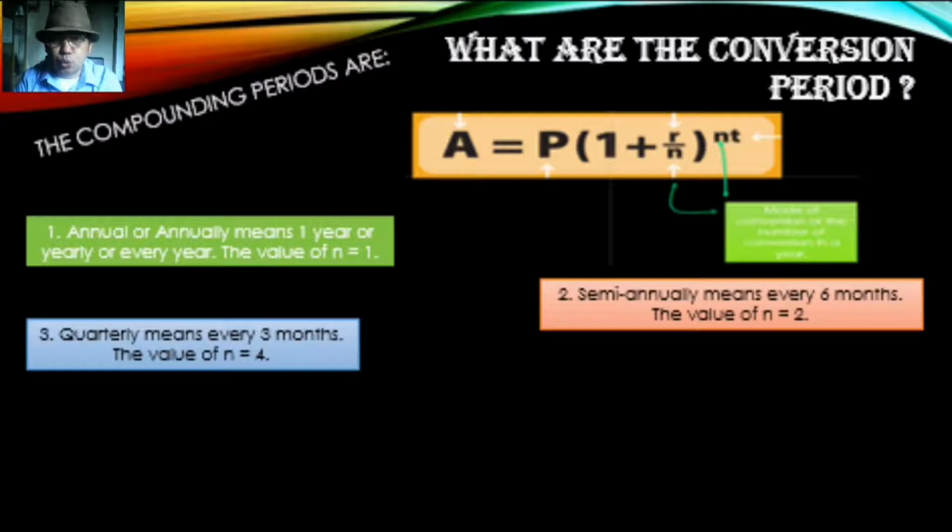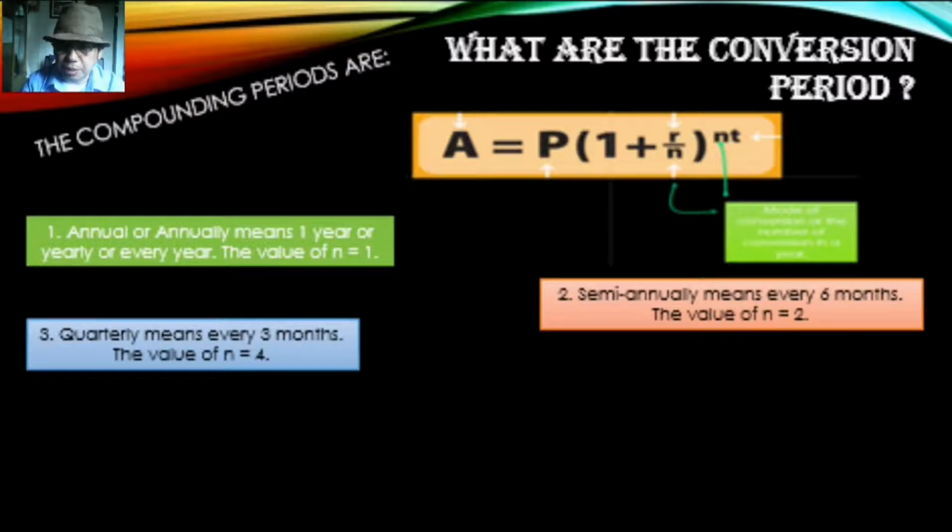Number 3 is quarterly. Quarterly means every 3 months. Okay? Every 3 months. What is the value of n? 4. What is the meaning of that 4? Meaning, the application of the periodical rate is 4 times within a year. Okay, 4 times within a year, or the application would be every 3 months.